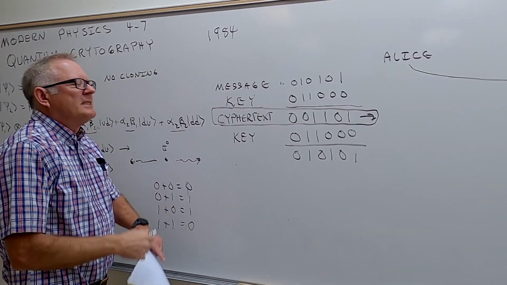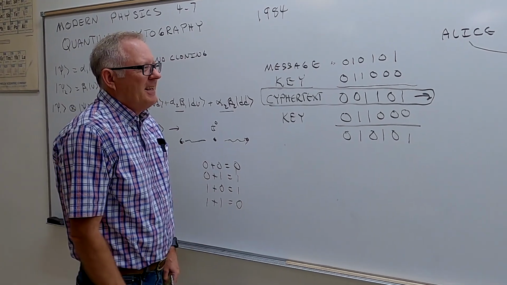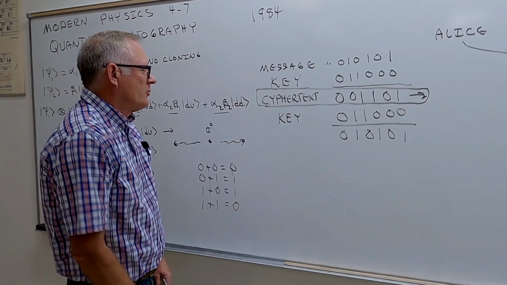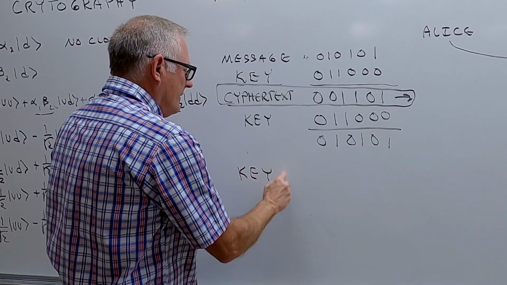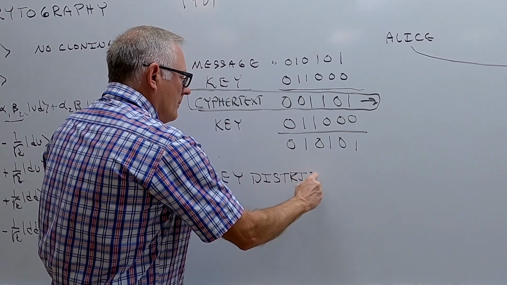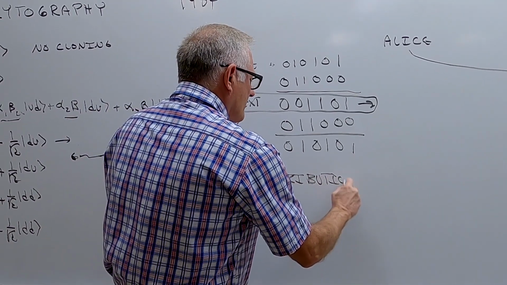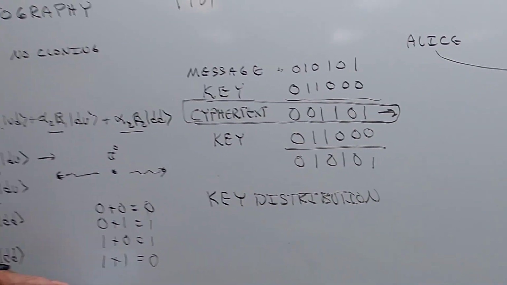Because they won't even send the message until they're both sure that they both have a secure key. So it really comes down to key distribution. If they both know they have a safe key, it's done.